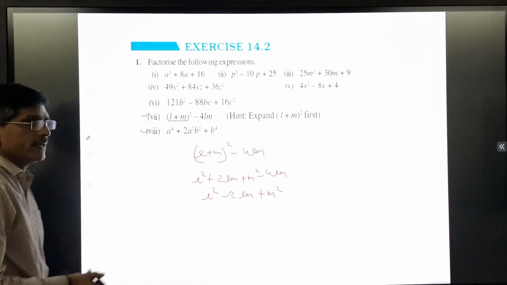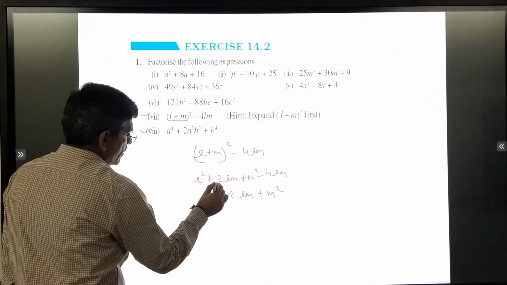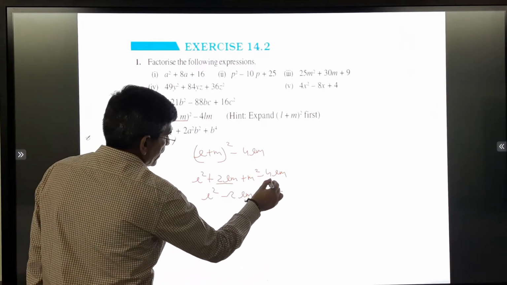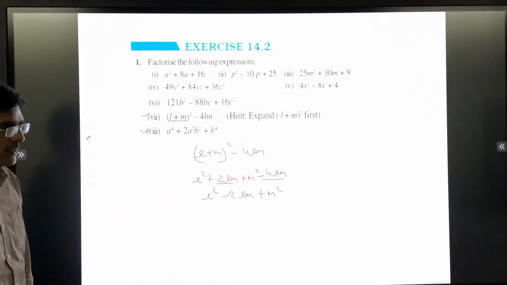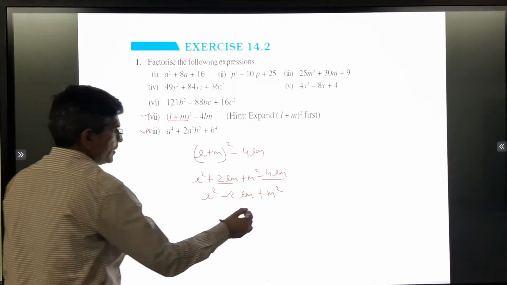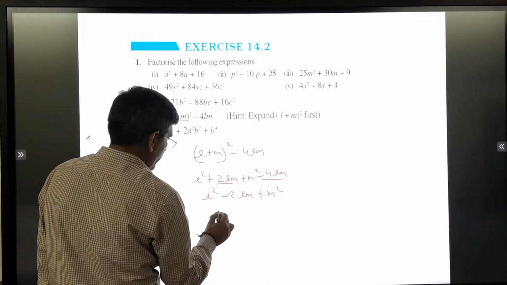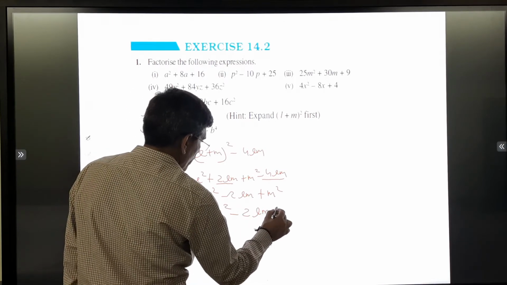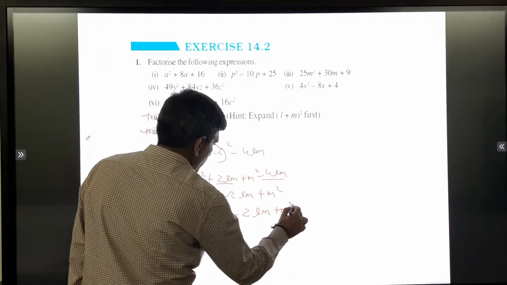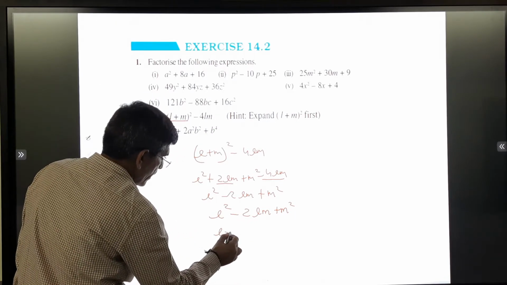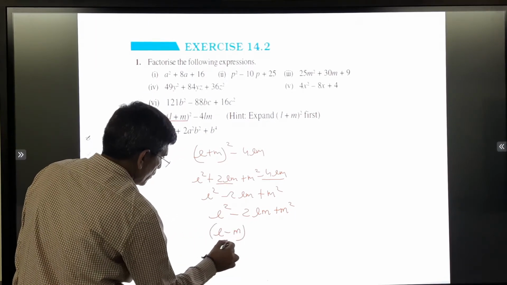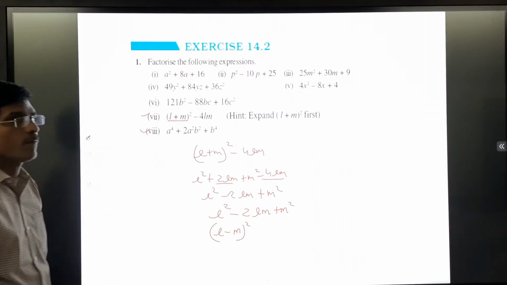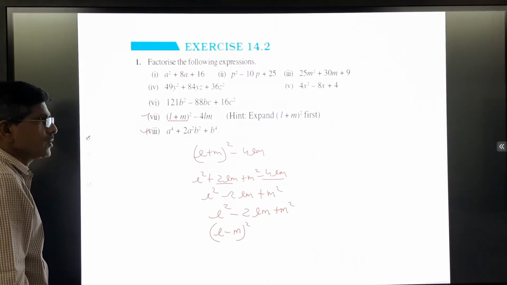Why am I doing that? Because there are like terms, plus 2LM and minus 4LM, so we have to simplify. After simplifying we get L square minus 2LM plus M square, which again is a perfect square, L minus M whole squared.